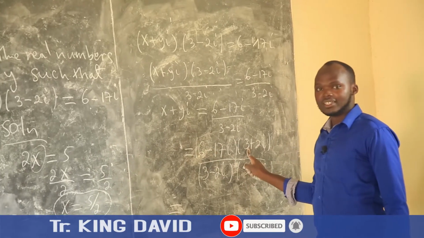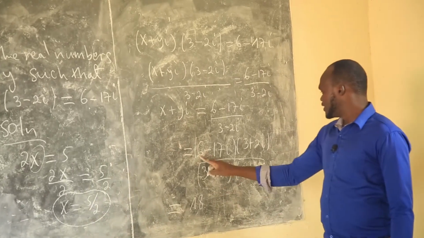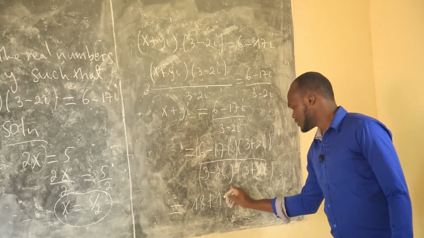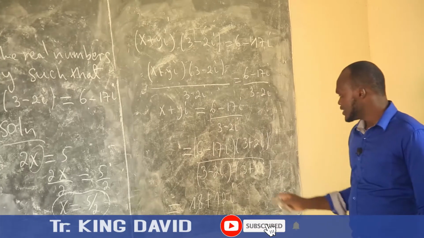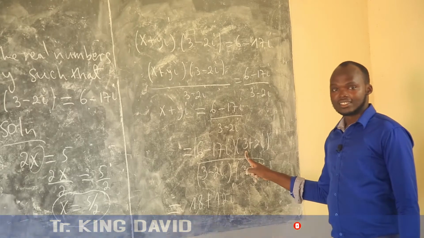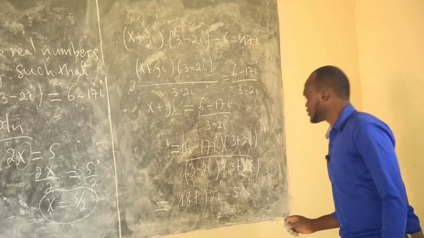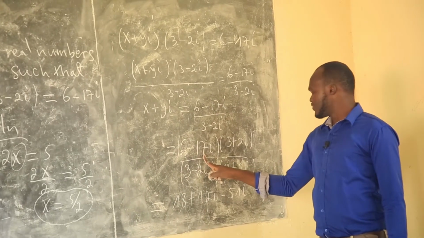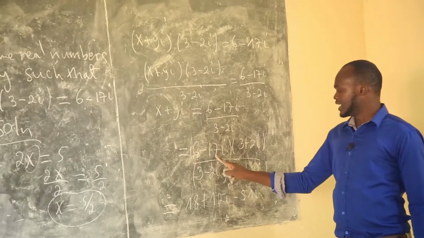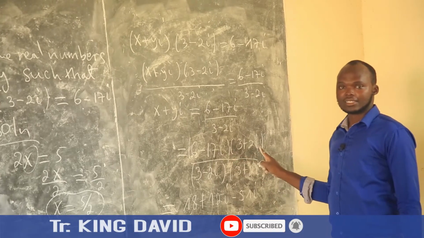6 times 3, that is 18. 6 times 2, that is 12i. Negative 17 times 3, what is the answer? That is negative 51i. Then, negative 17i times 2i: negative 17 times 2, then i times i.